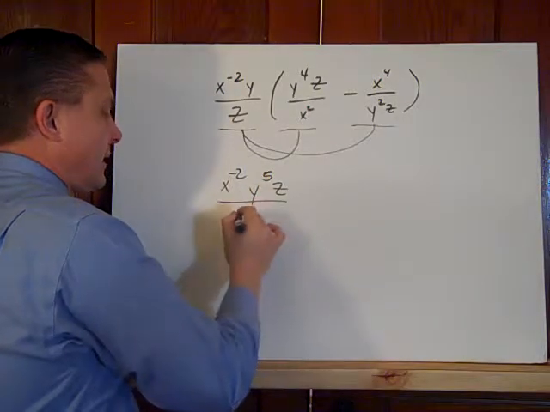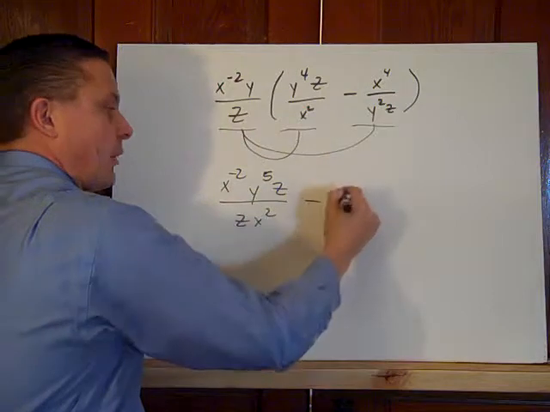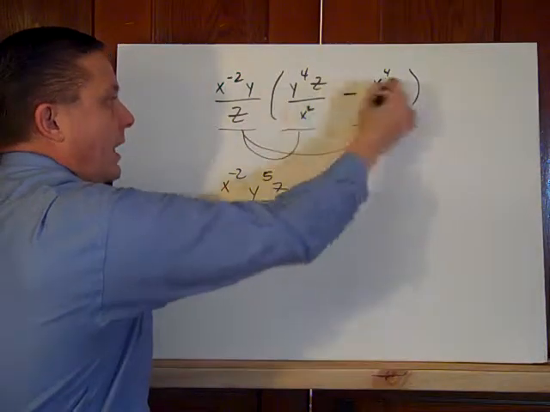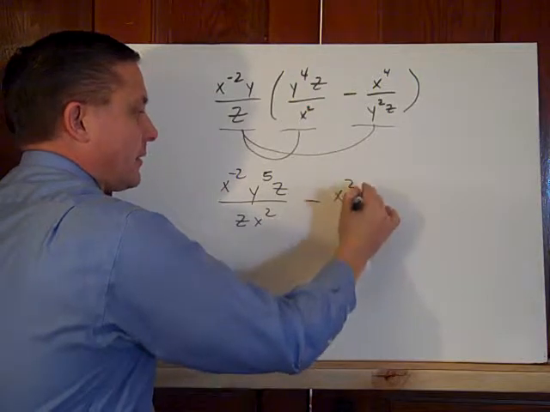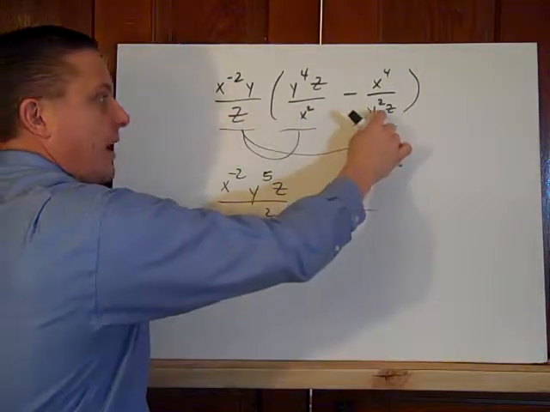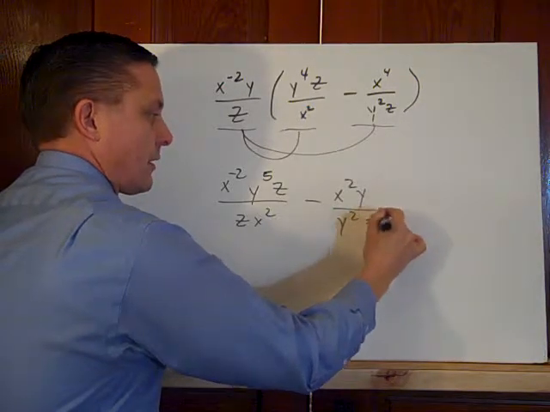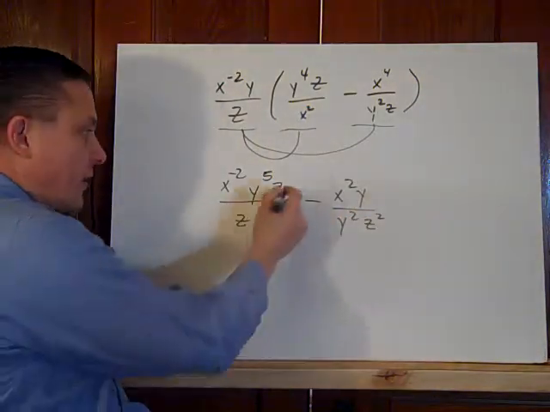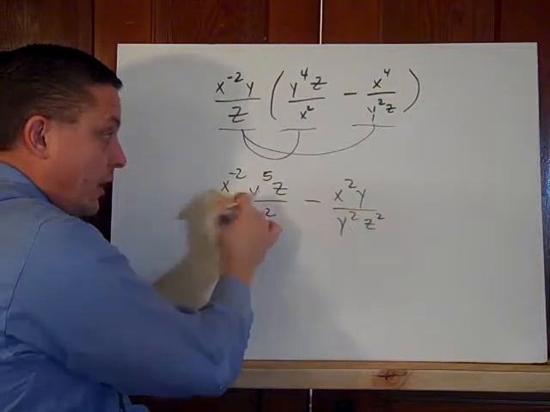On the bottom I get z x squared, minus x^-2 times x^4 is x squared. y stays the same. On the bottom, z times y squared z, well there's 2 z's, so it's y squared z squared. Again, over here, I'm going to deal with the first term, all in this term, not going across.